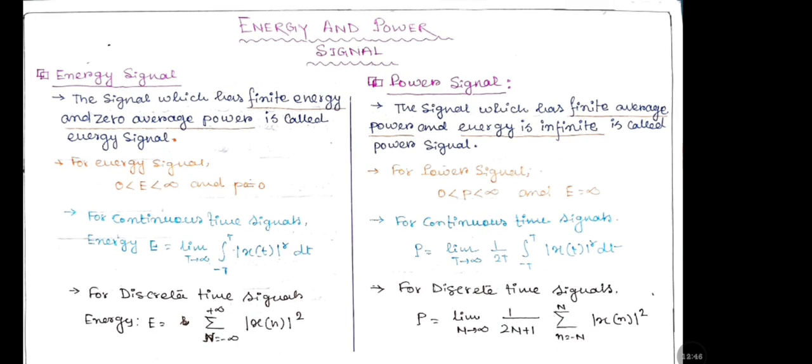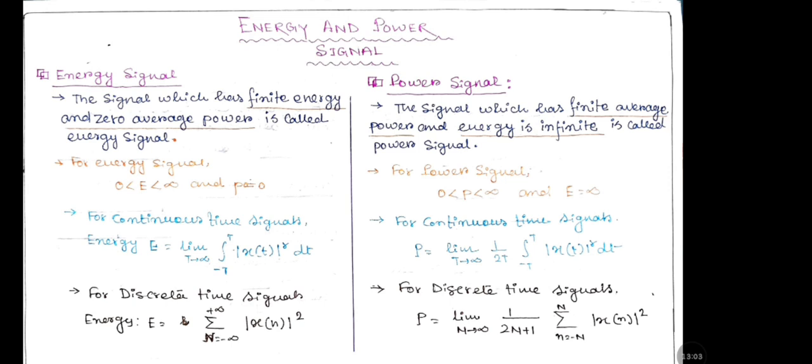Signals which have finite average power and infinite energy are called power signals. That means power is greater than 0 and less than infinity, and energy is infinite.